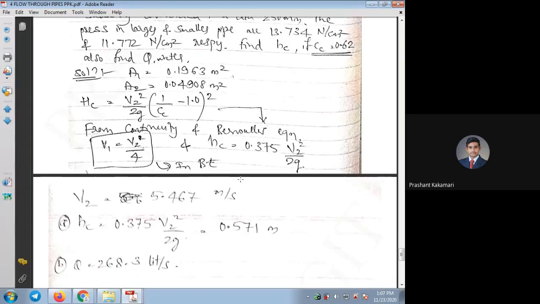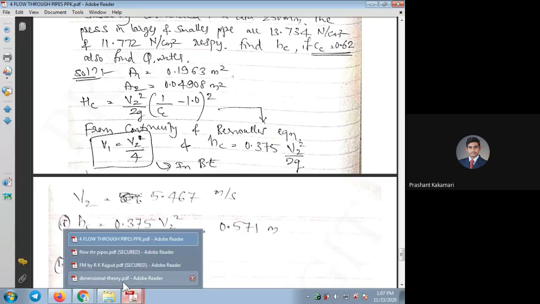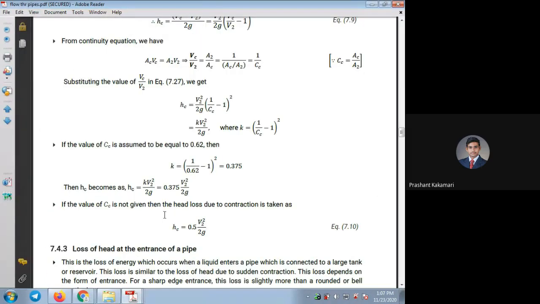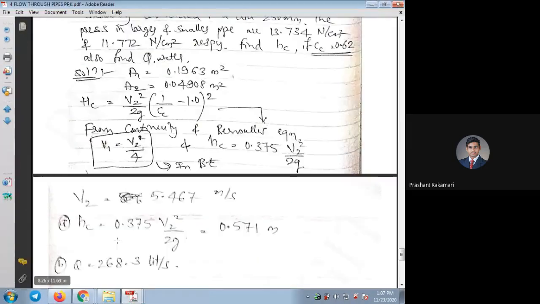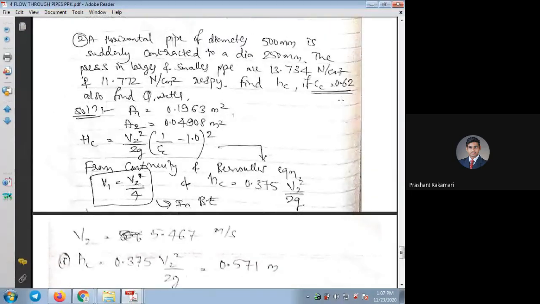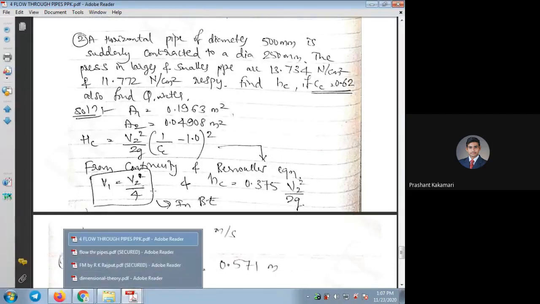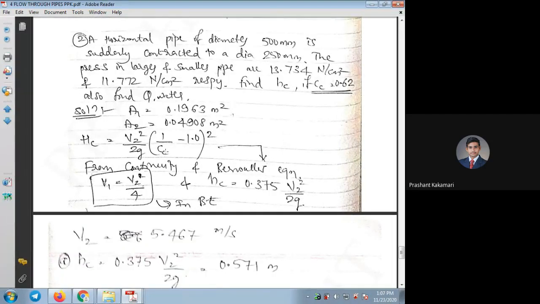Let's see what happens. Depending upon the Cc value, how much have they mentioned? In the problem, the Cc value is given as 0.62. So if it is 0.62, you substitute (1 by 0.62 minus 1) whole square into V2 square by 2g.